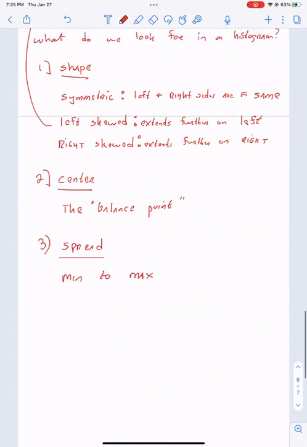And the last thing that we look for are outliers. What's an outlier? An outlier is some data point or multiple data points which just do not work with the rest of the data.